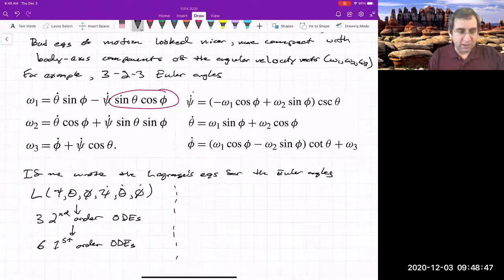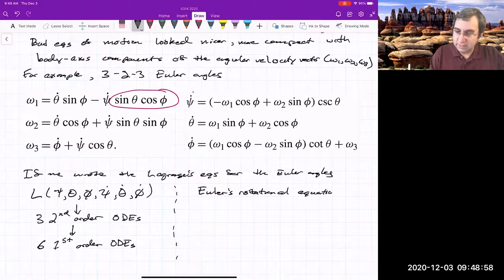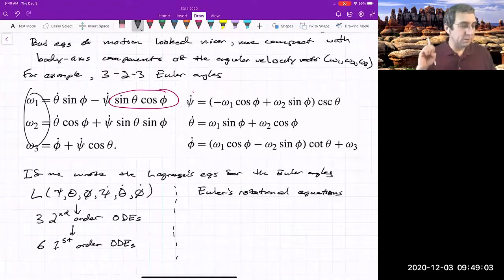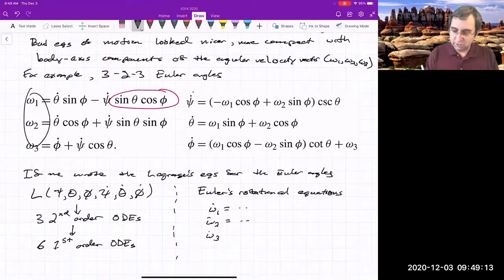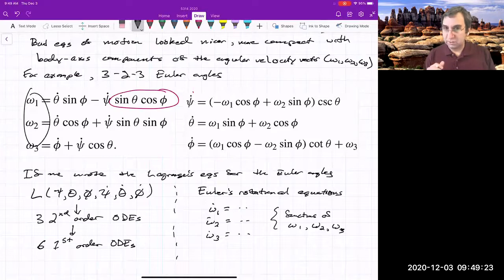But everything was a lot easier if we just did Euler's rotational equations in terms of these omegas, the body fixed, or the body axis components of the angular velocity. In which case, right, we had omega 1 dot equals something, omega 2 dot equals something, omega 3 dot equals something. And this something over here, these are all functions of the omegas, not the thetas.